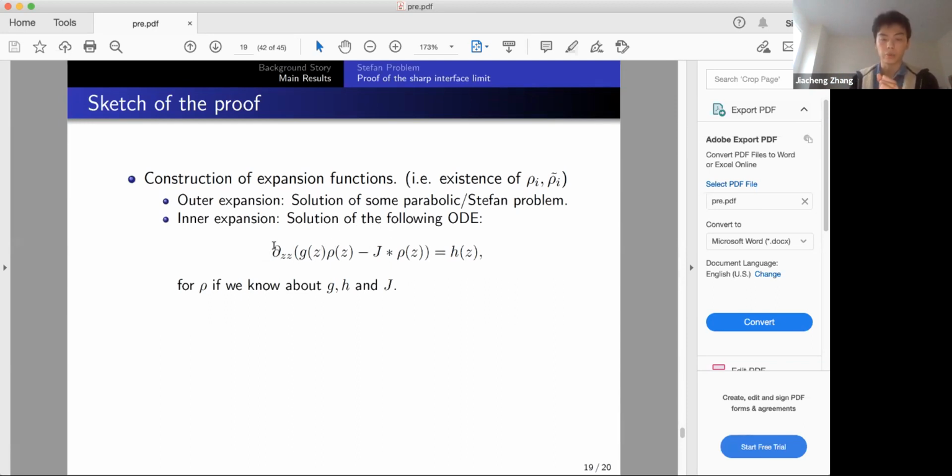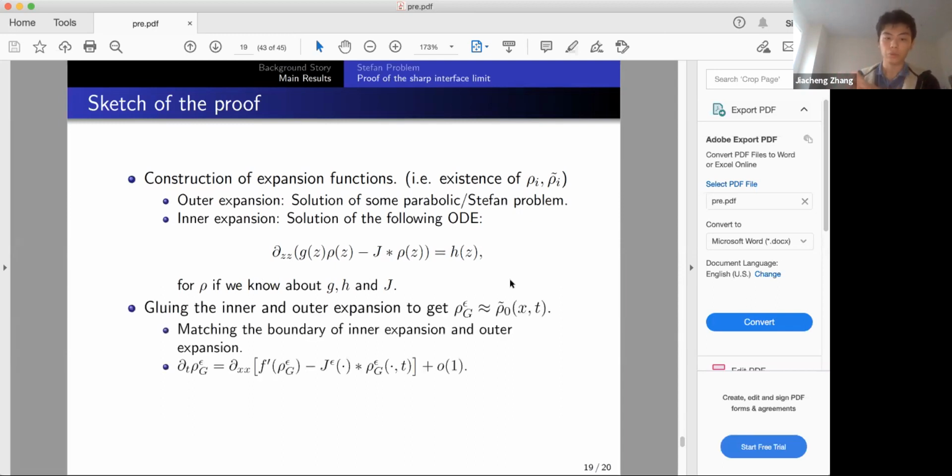Basically, we will try to find some functions for this non-local ODE here for some G, H, and J. This rho is the actual solution we are interested in, but this G, H, and J we can take as given a priori, and we want to discuss the solution of such an equation here. And after we have this inner expansion and outer expansion, we will glue them together to get a glued function.